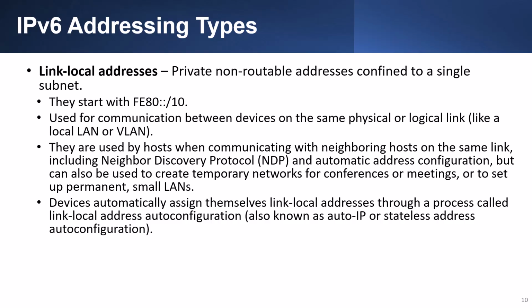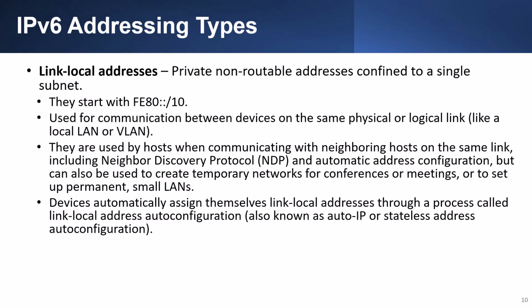Link-local addresses are private, non-routable addresses confined to a single subnet. They start with FE80::/10. They are used for communications between devices on the same physical or logical link, like a local LAN or VLAN.